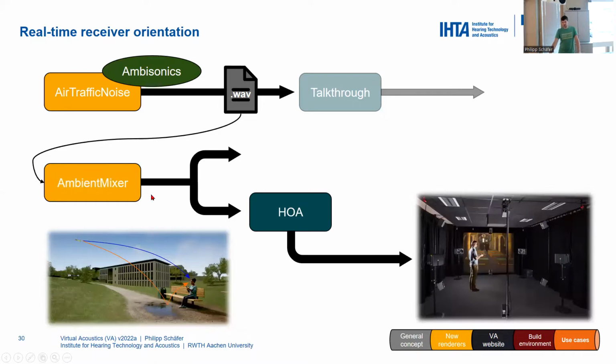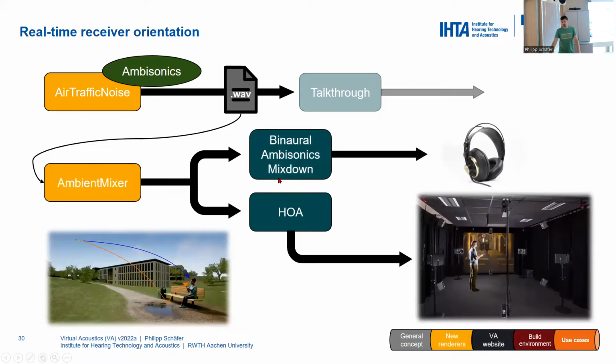And you can then, for example, connect this ambisonics mixer to an HOA decoding and feed this to a loudspeaker array. Or there's a binaural ambisonics mixdown, which allows to render binaural signals based on this ambisonics input signal.